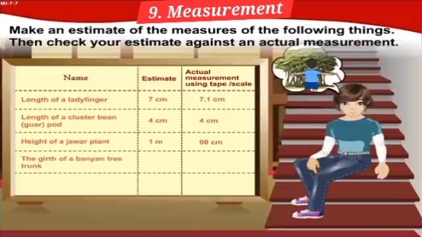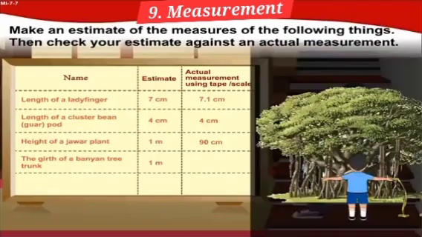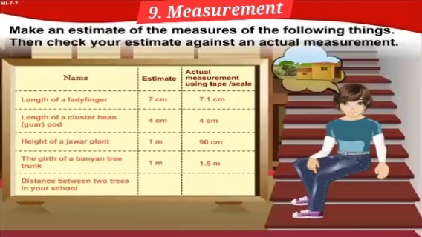The girth of a banyan tree trunk. Anil's estimate for this tree was 1 meter. But the actual measurement was 1.5 meters. Still quite close, Anita. Very good. Distance between the two trees in the school.